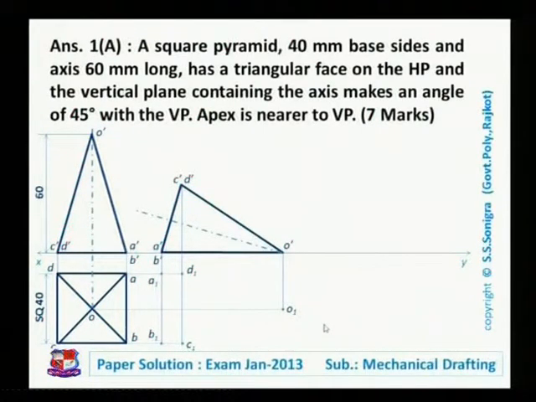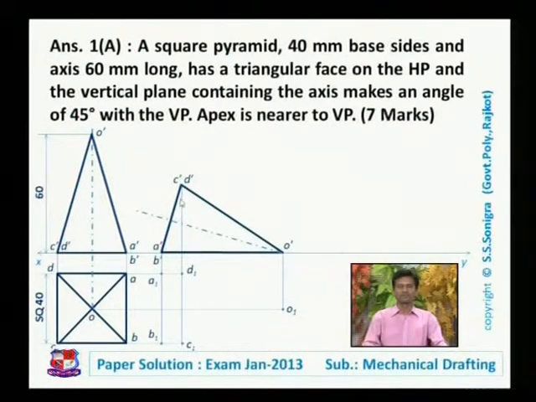Now think how they should be joined. If we are looking from top side, this ABCD face would be fully visible. Hence they should be joined with the full straight line. O dash C dash and O dash D dash would be fully visible from top side. Hence they should be drawn.